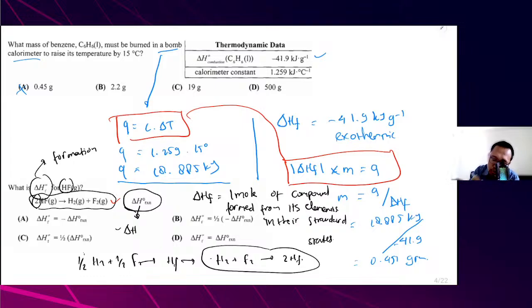This one is 2HF, which is delta H reaction. How to get just half? Just put in half over here. So the answer will be B.